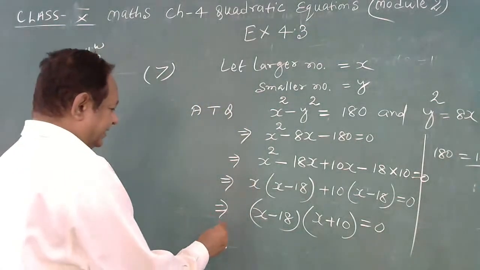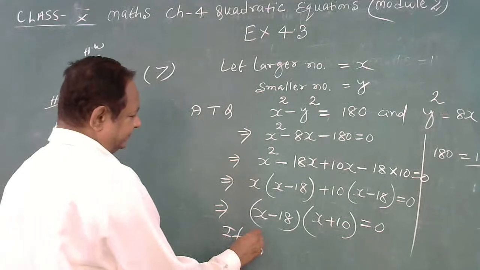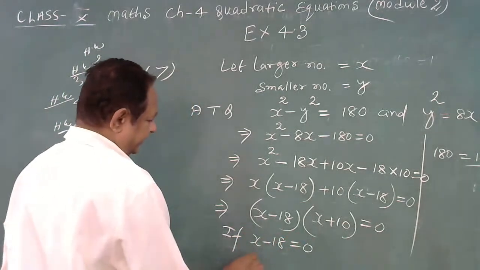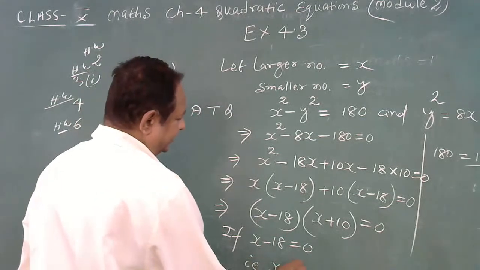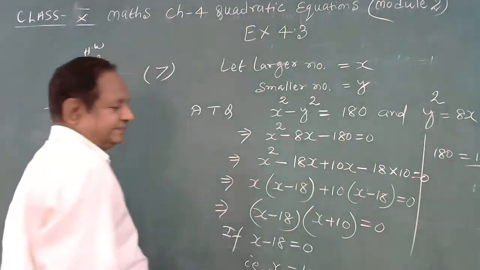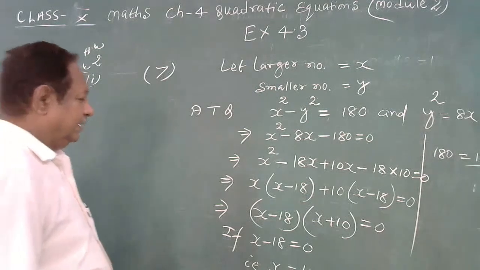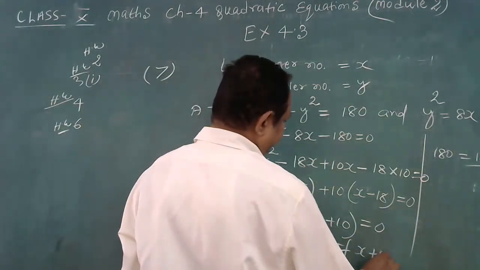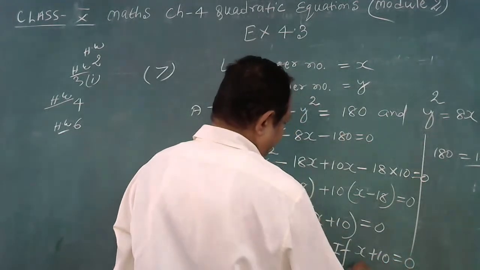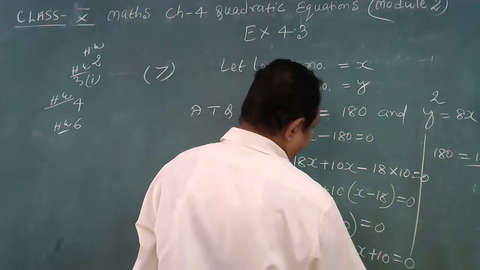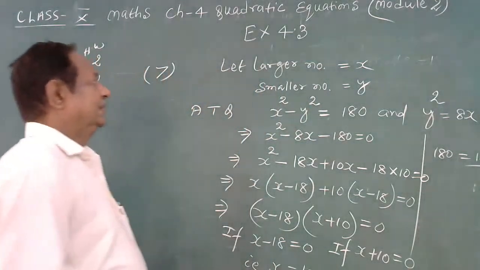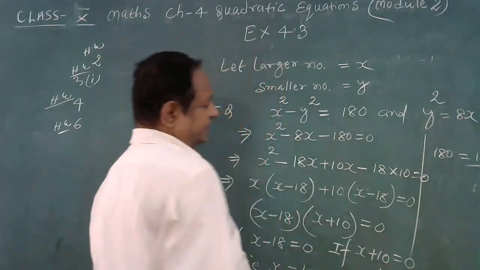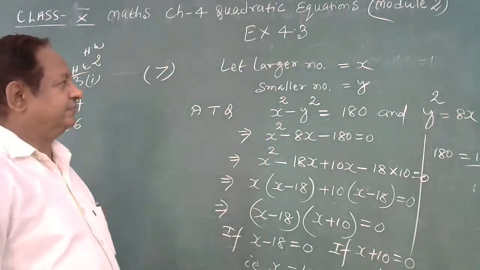If x minus 18 is equal to 0, that is x is equal to plus 18. If x plus 10 is equal to 0, then x is equal to minus 10. So we are not going to consider this negative number.